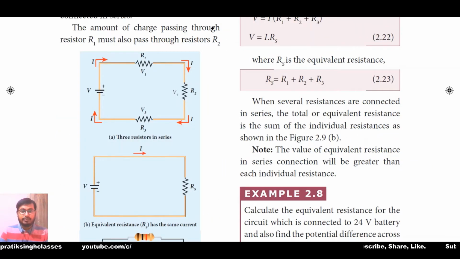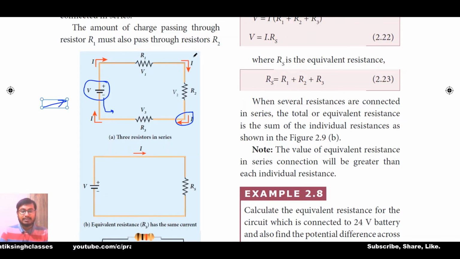The amount of charge passing through resistor R1 may also pass through resistor R2, as you can see in this figure. Here we have a battery of potential difference V, or voltage V, and this red symbol shows the direction of conventional current, because we know that charges flow outside the battery from the negative terminal to the circuit and again back to the positive terminal of the battery.